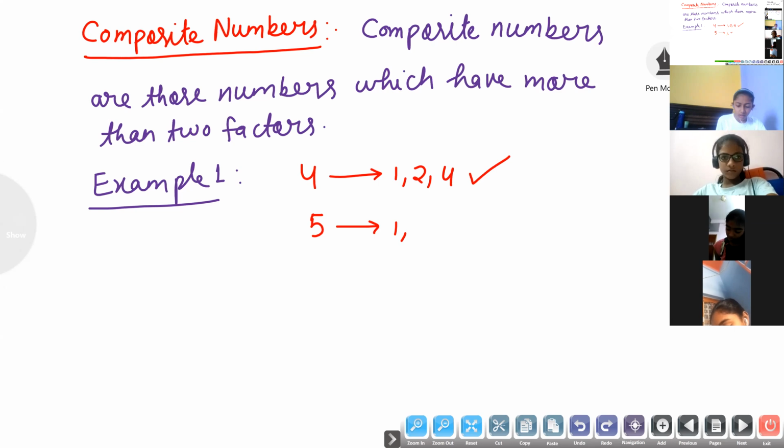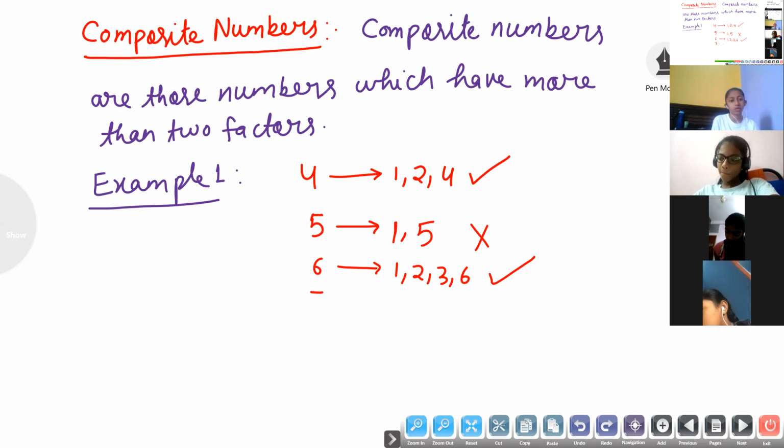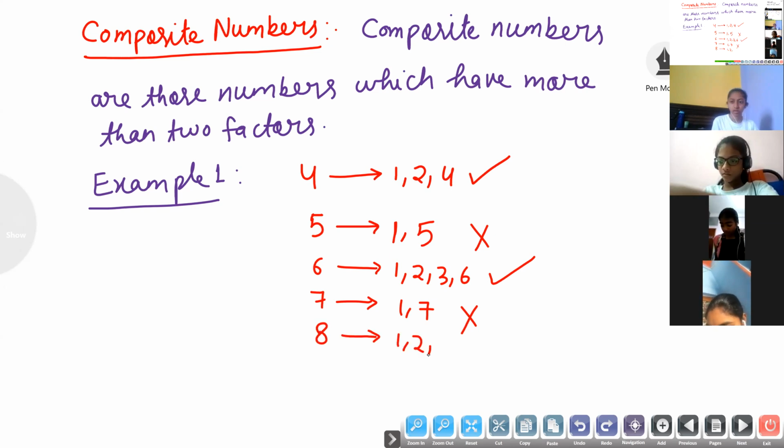This is not a composite number. 6. 1 table, 2 table, 3 table, and 6 table. Right. 7. 1 table, 7 table, prime number. 8. 1 table, 2 table, 4 table, 8 table. Means the numbers which have more than 2 factors are called composite numbers.